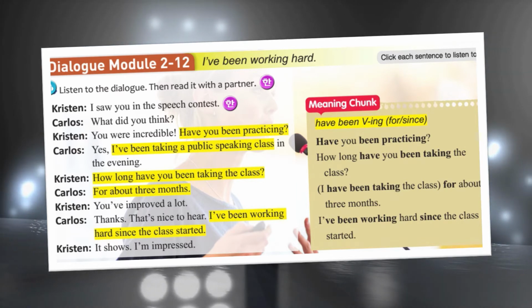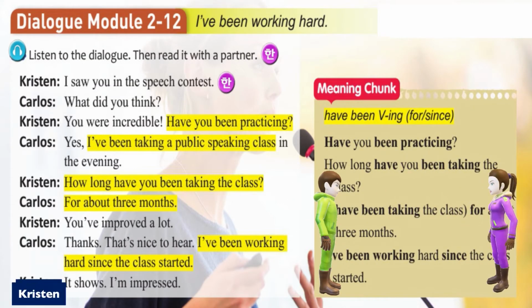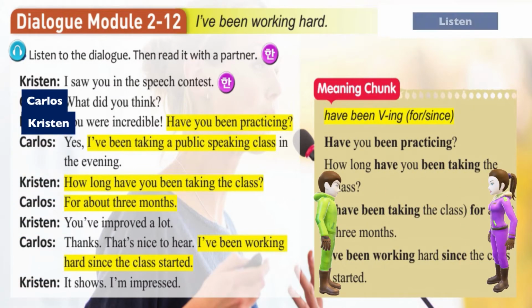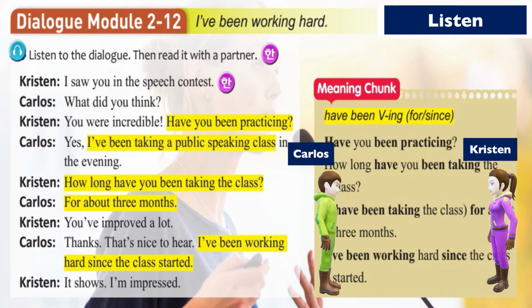A chance to win a speech contest. It's very scary. So in our dialogue, we have Kristin and Carlos. And so Carlos has been at a speech contest and he asks Kristin what she thinks about it. And then she asks him some questions in the present perfect progressive. So those bits have been highlighted in yellow.